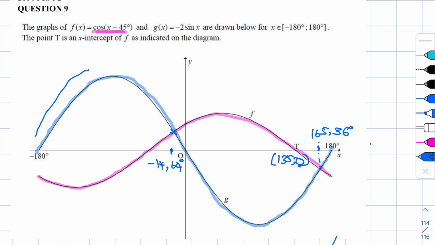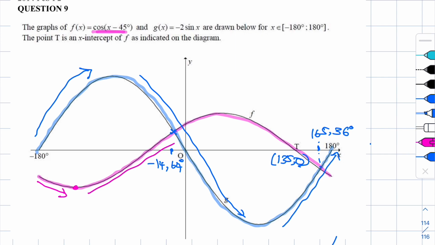It is increasing as you are moving from left to right, then it's decreasing, and then here it's increasing again. That's the graph of g. Then for the graph of f, it's decreasing, then until you get to the turning point, all the way up to here, it's increasing. Then it is decreasing.